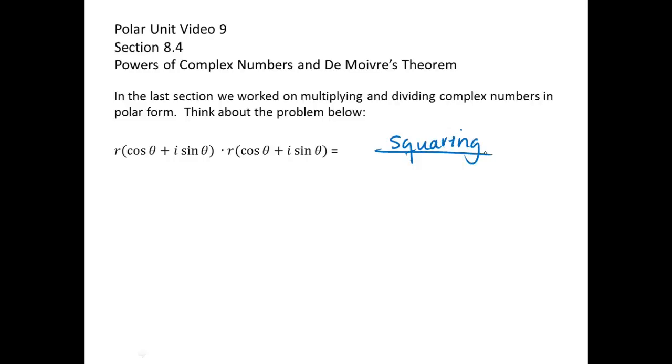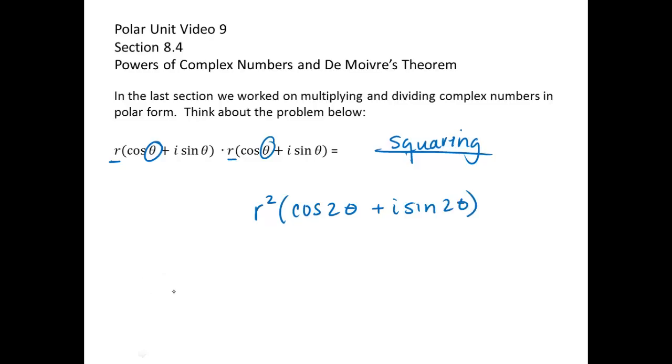So keeping that in mind as we work through this problem, if I have r times r, I could write that simpler as r squared. And I'm supposed to be adding these theta values, but since they're the same angle, I'm going to then just multiply it by 2. So this gives me cosine of 2 theta plus i sine of 2 theta.